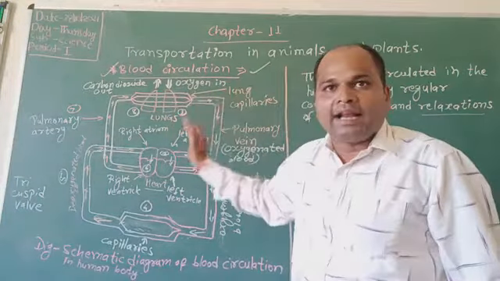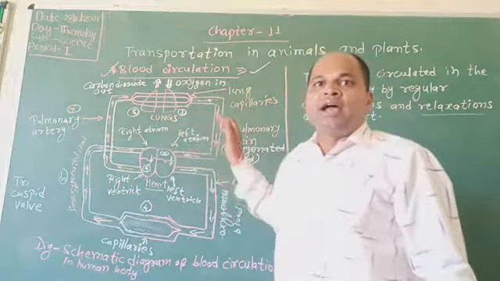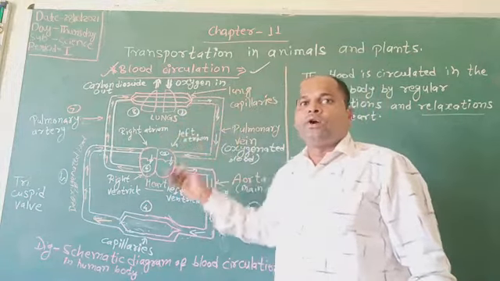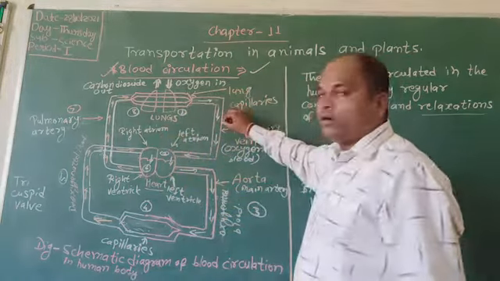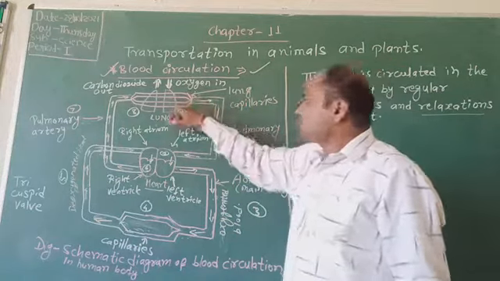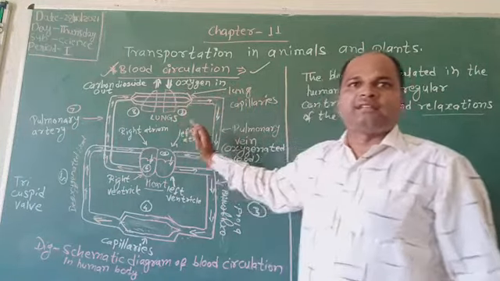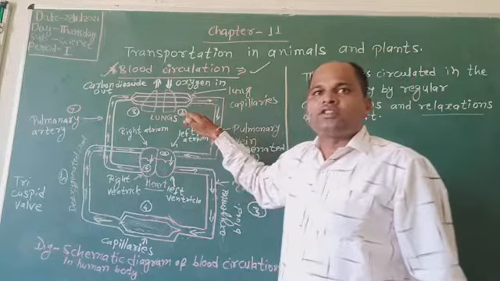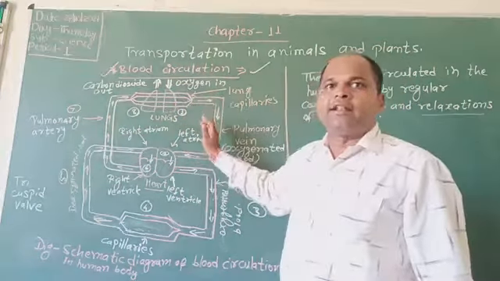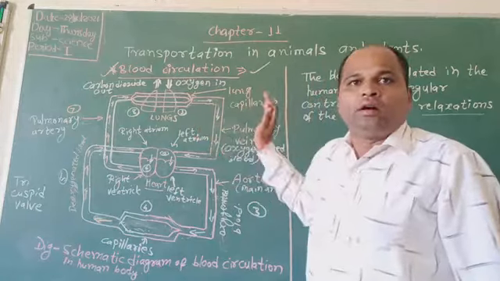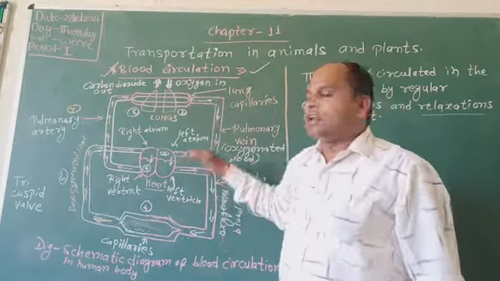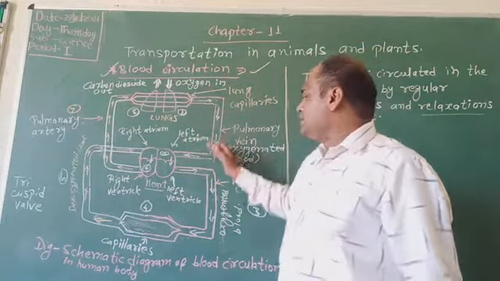The blood is now oxygen rich and is called oxygenated blood. So students, these are capillaries, and in these capillaries oxygen from the air enters the blood.